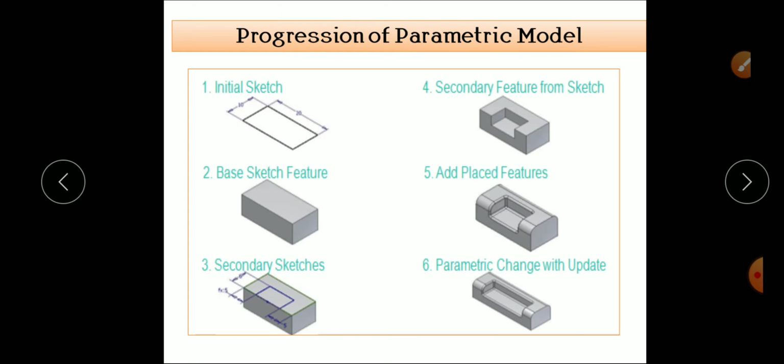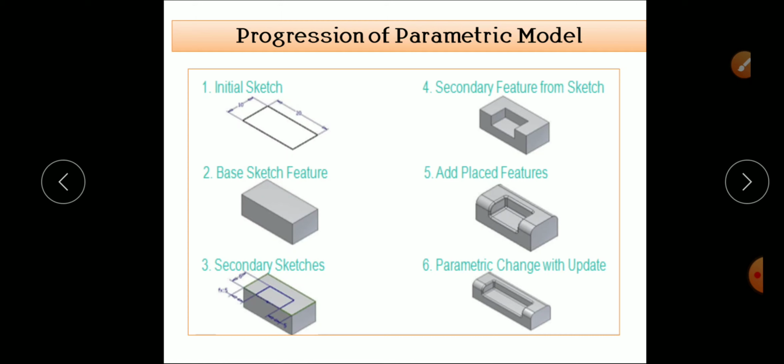Now you can see the figure, which shows the progression of a parametric model. Initially, we generate a sketch with the required dimensions, and after that we use commands to convert the base sketch feature into 3D.